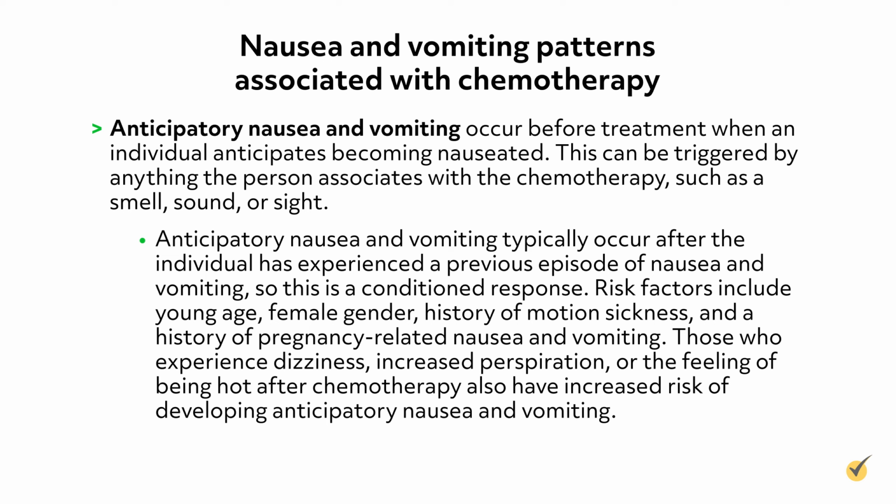Risk factors include young age, female gender, history of motion sickness, and a history of pregnancy-related nausea and vomiting. Those who experience dizziness, increased perspiration, or the feeling of being hot after chemotherapy also have increased risk of developing anticipatory nausea and vomiting.